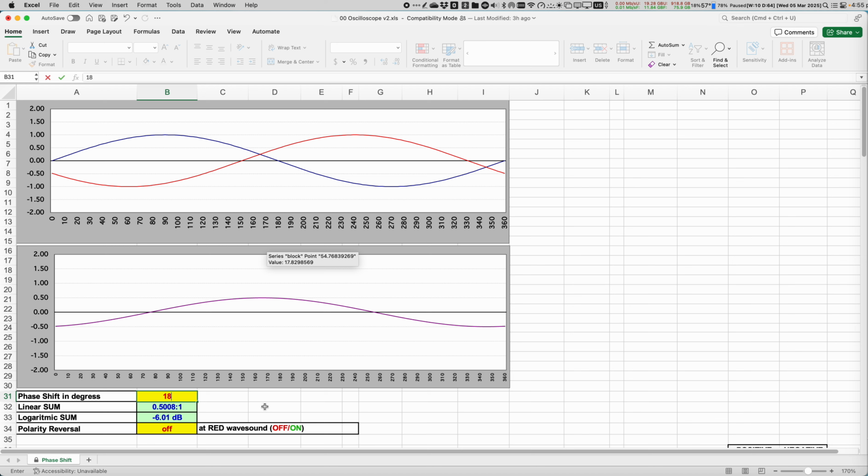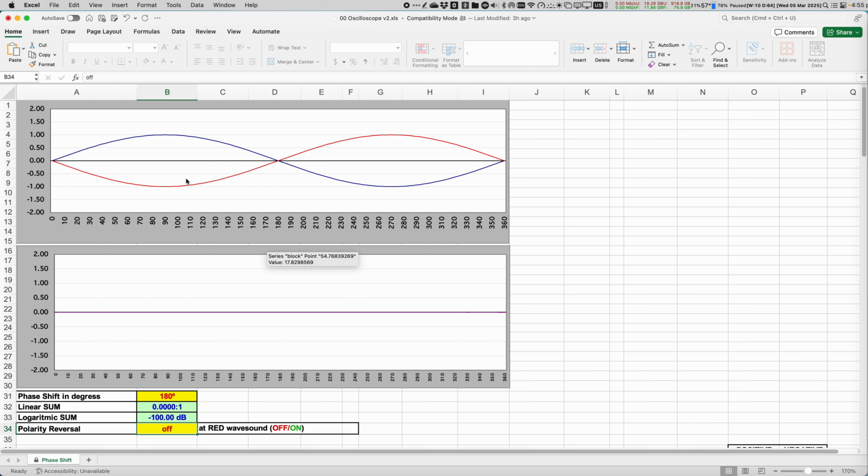And then if we have 180 degree is where we have the maximum attenuation, that in this case we obtain 0 volts, and 0 volts mathematically is -infinity, but in an Excel calculator you cannot do -infinity because it shows an error message. So I am doing some condition that in case of that situation indicate -100 decibel.